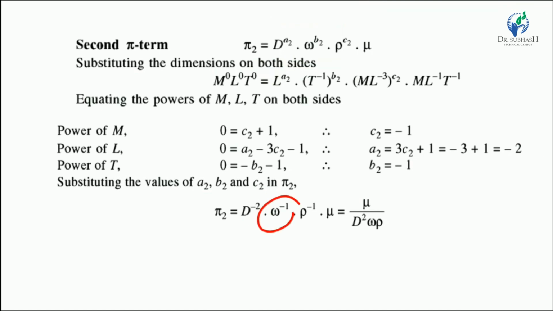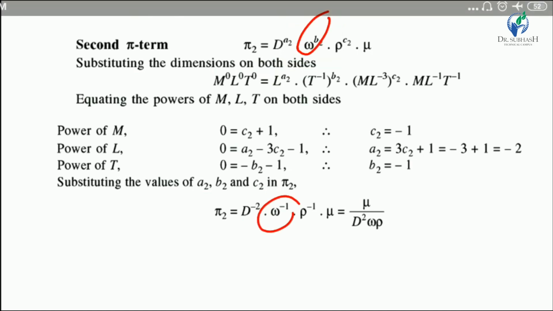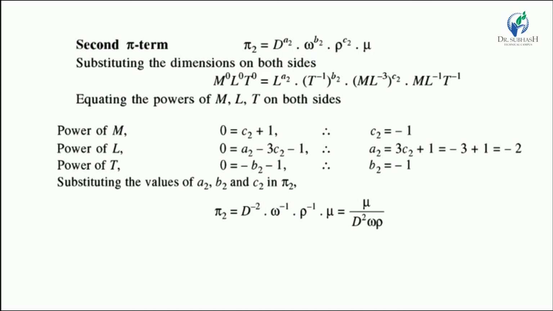Omega has power B2, so B2 value is minus 1, so omega has minus 1. Density has power C2, so C2 value is minus 1, so rho has power minus 1, and mu has power 1. Now according to power, rearrange all variables. So pi 2 is equal to mu upon d square into omega into rho.